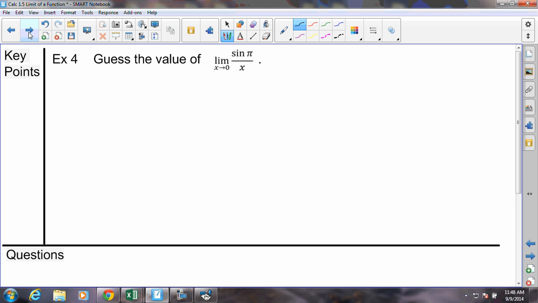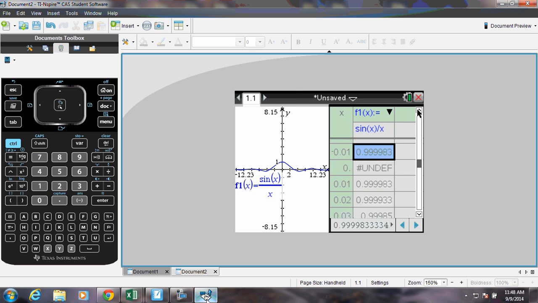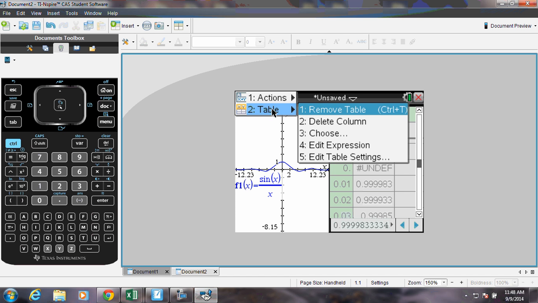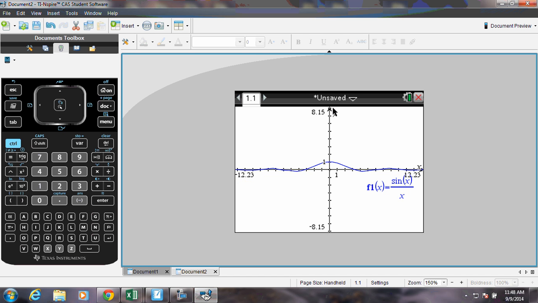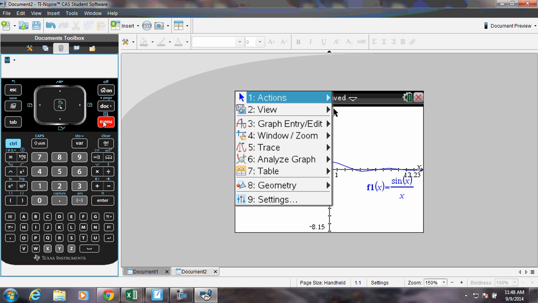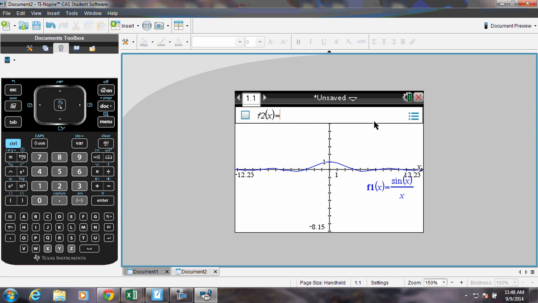Let's do the same thing for this one, though. Very similar function. How is it different? Yes, this is sine of pi instead of saying sine of x. We'll come back, and I'll get rid of the table. That's what we're going to investigate. Scotty was asking, does it approach 0? And so I needed menu, graph, edit.